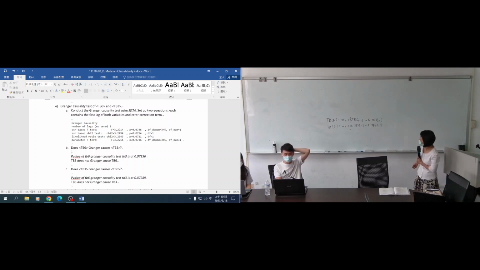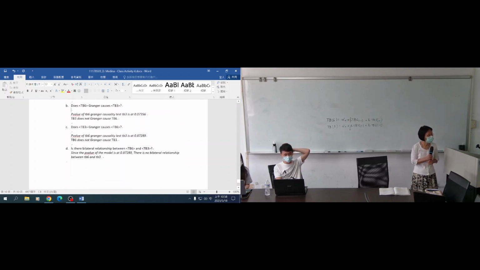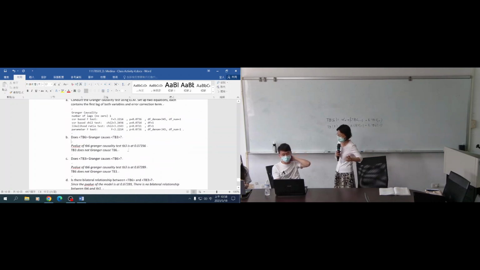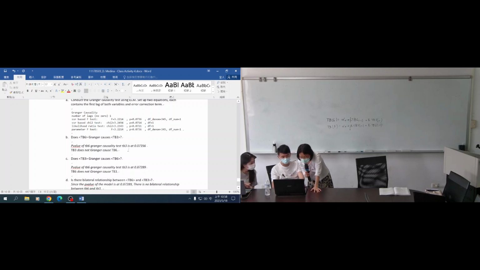All right, so you have done this one. Well, it's hard to read the output from Python, right? I think the information is not clear. So here, based on TB3, this probability is significant.